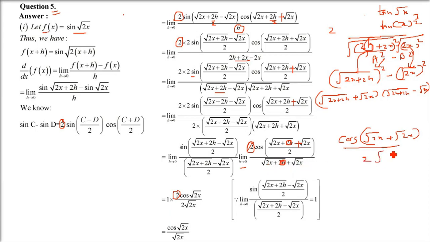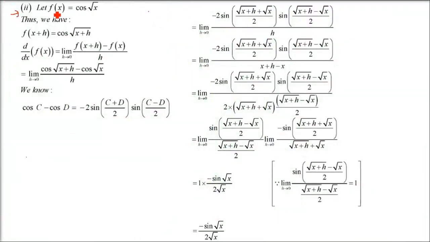So this is twice under root 2x. Okay, in the numerator, it's twice under root 2x. 2 gets cancelled, of course. So cos, this is twice under root 2x, and 2 was there, so we cancelled it. So cos under root 2x by under root 2x will come.